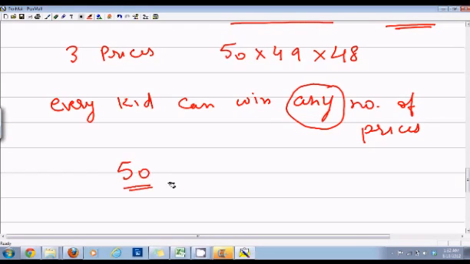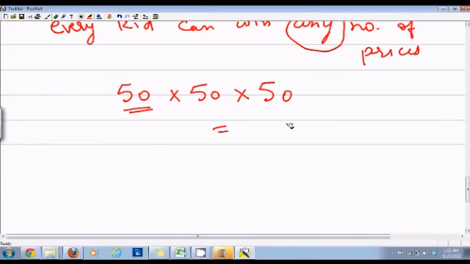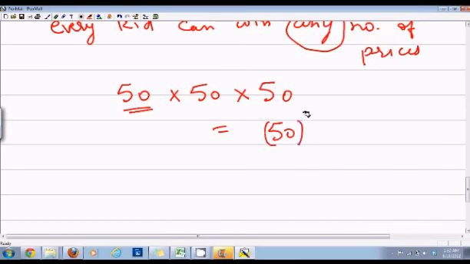And for the third prize we have 50 options again, so we'll have 50 cubed as our answer. The only difference was that in the previous one a kid cannot win a prize again, but in this case a kid can win more than one prize, so that gives us a different answer.